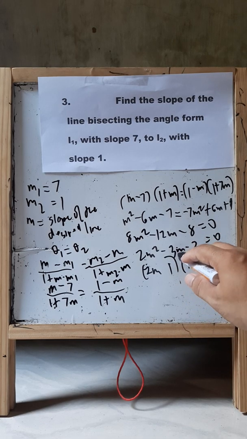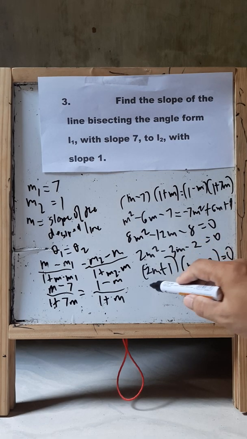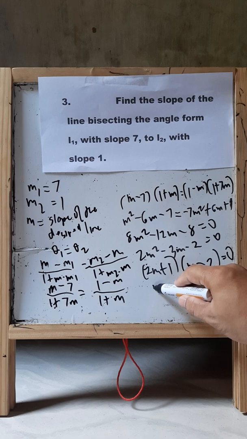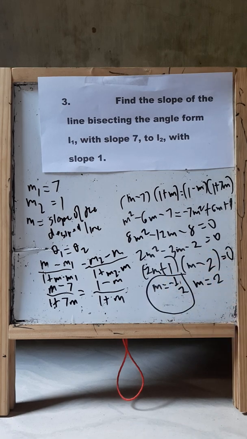So from the zero product property, solving for M, we have negative 1/2 and positive 2. So there are two slopes for the angle bisector. Which one will we choose? Negative 1/2 or 2? Okay, we will choose negative 1/2.